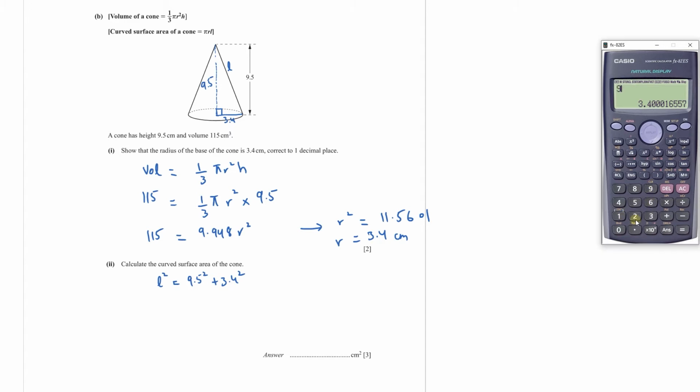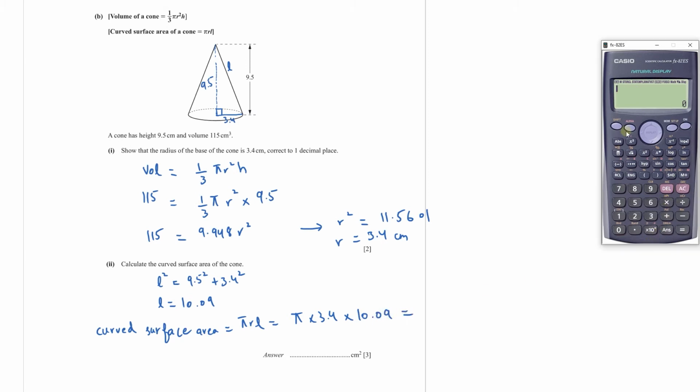So 9.5 square plus 3.4 square, and then take the square root to find the value of L. So this will be 10.09. So L is 10.09. So curved surface area is pi RL, which is pi into 3.4 into 10.09.